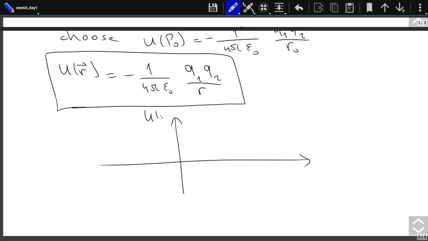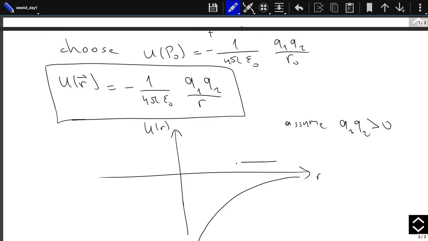U of R is a function of R, assuming Q1 times Q2 is larger than 0. So we have same charges. This is positive, so this is just a constant. So it's minus 1 over R. The plot of minus 1 over R is this one.